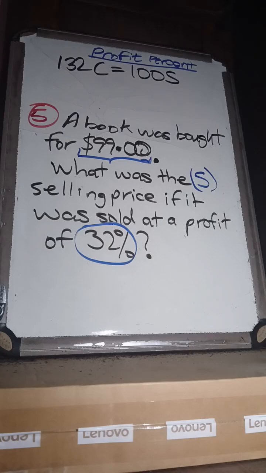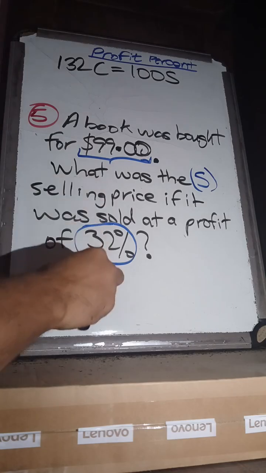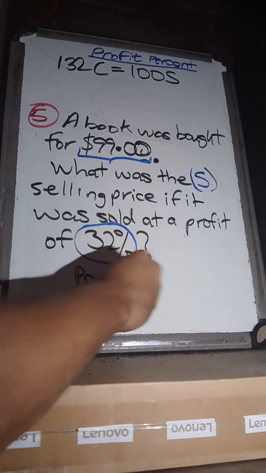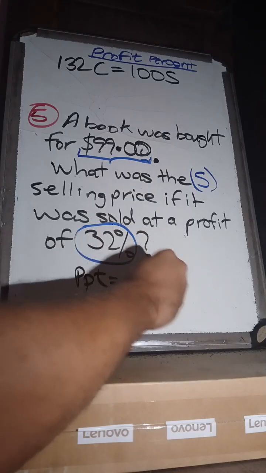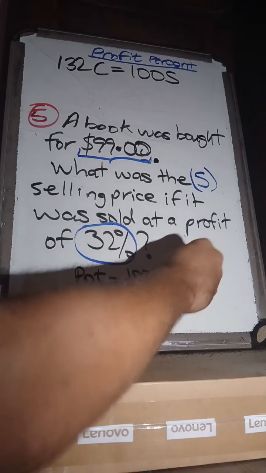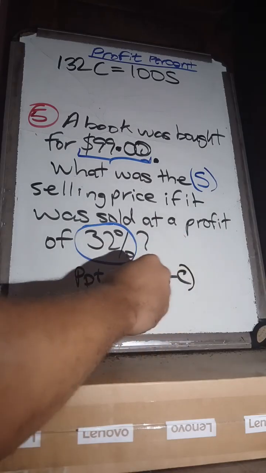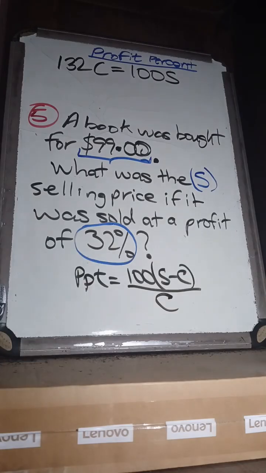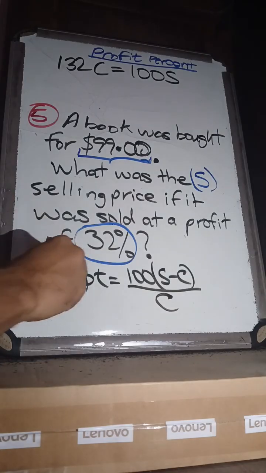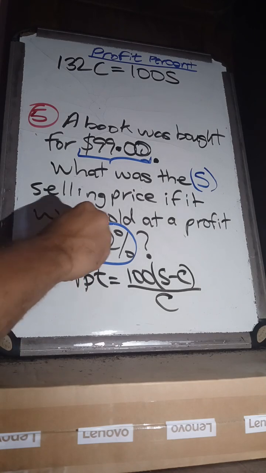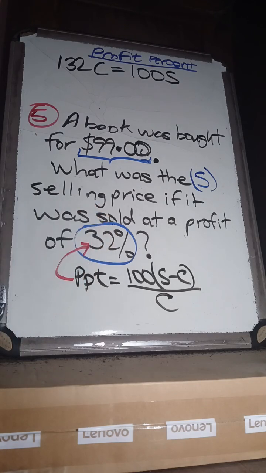Now, I could explain how we got to that. So let's say we had this, and you know that that is 100 times something.